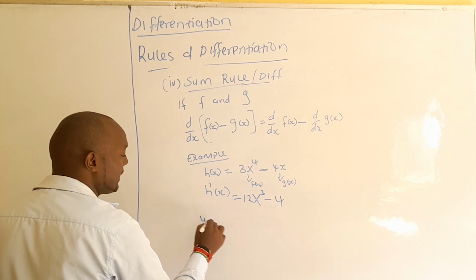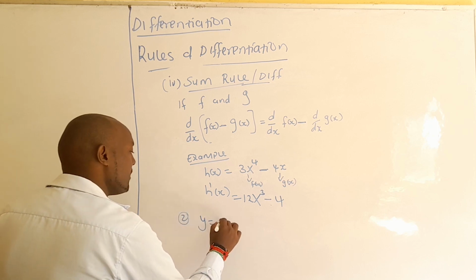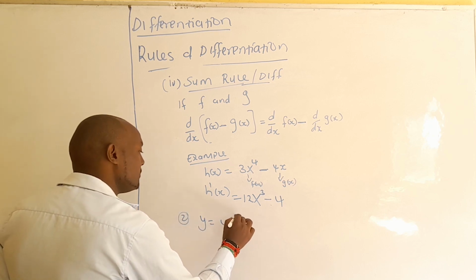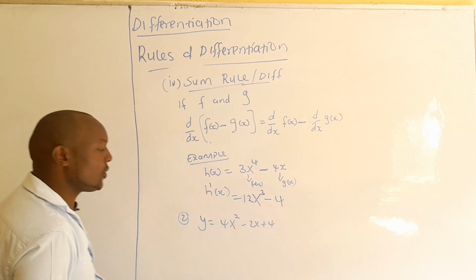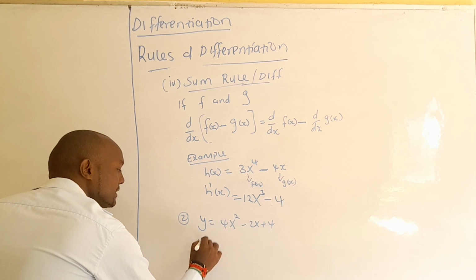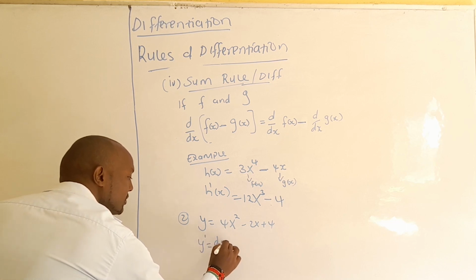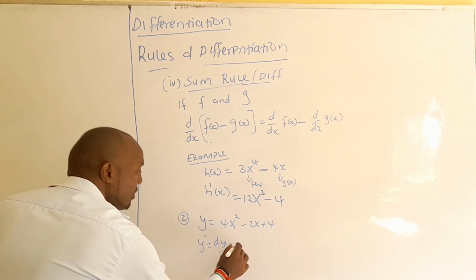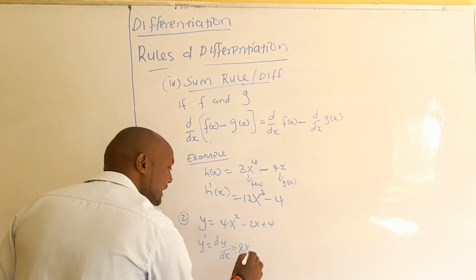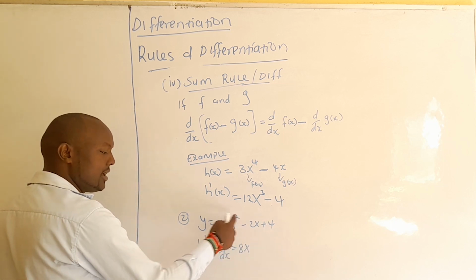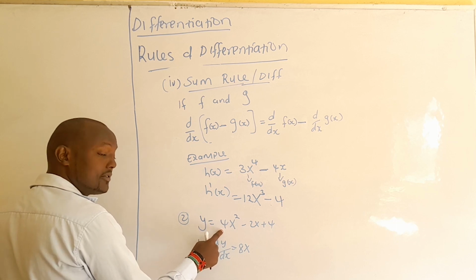Maybe you have your y. With that one, we can get the first derivative, what we call dy over dx. We solve this one by itself, where we shall get 8x. You bring 2 there, it will be 8, 4 times 2.